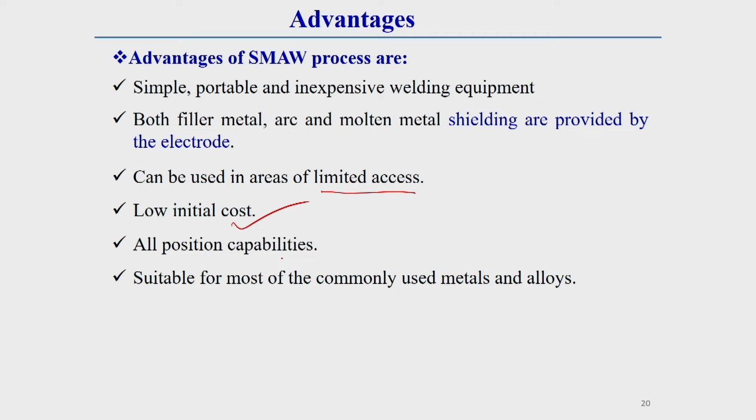It has also all-position capability, because I have already told you by this welding operation you can do horizontal, vertical, overhead welding position. That means all-position capabilities of welding operation you can do by this welding method. And this is a welding method which you can use for most of the commonly used metals and alloys. So you see so many advantages of this welding technique are there.